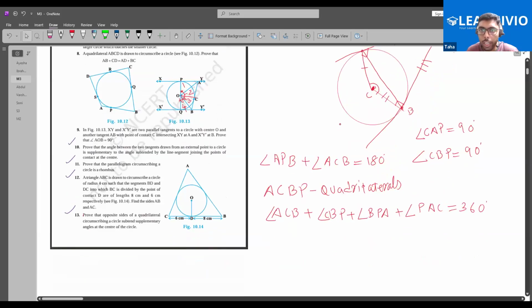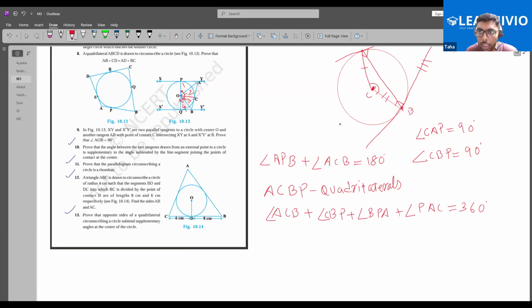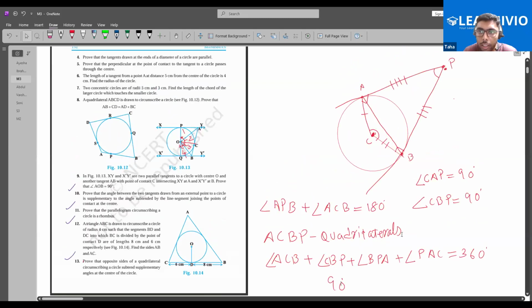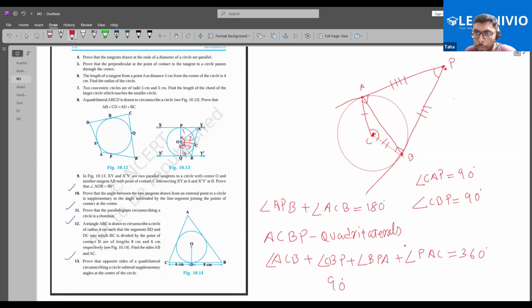Over here, we are already aware that angle CAP is 90 degrees and angle CBP is 90 degrees.